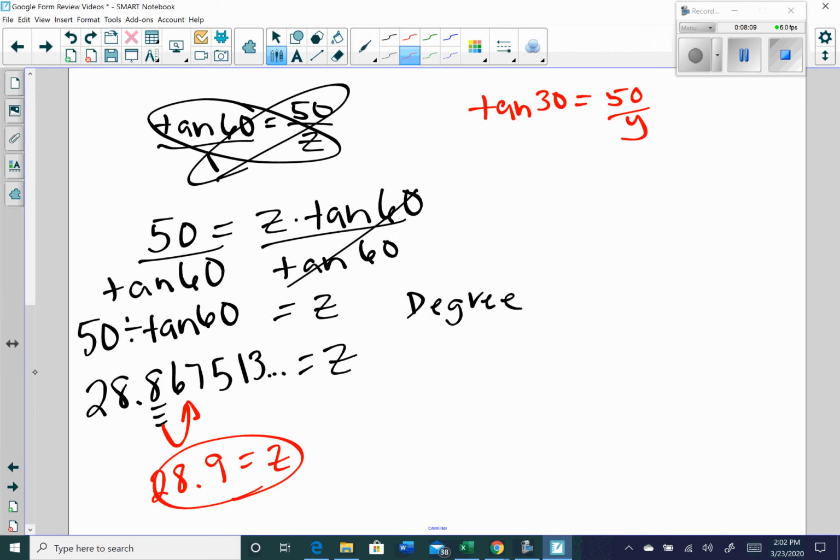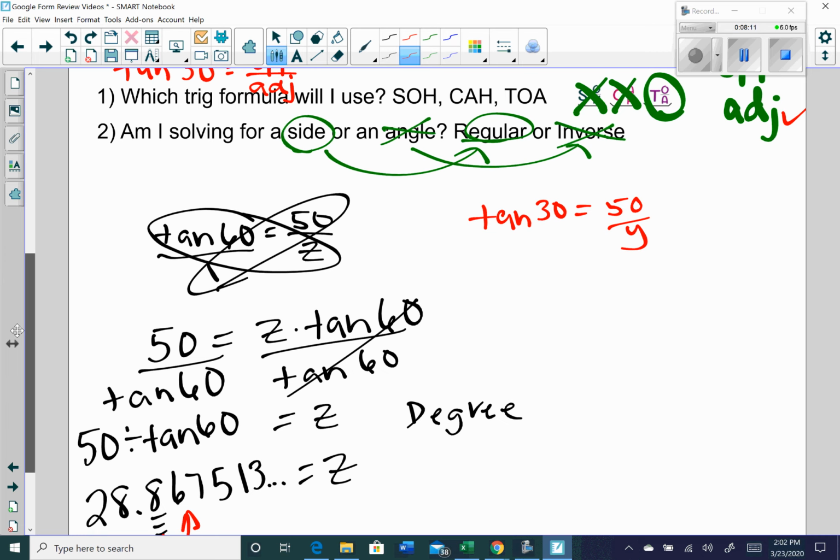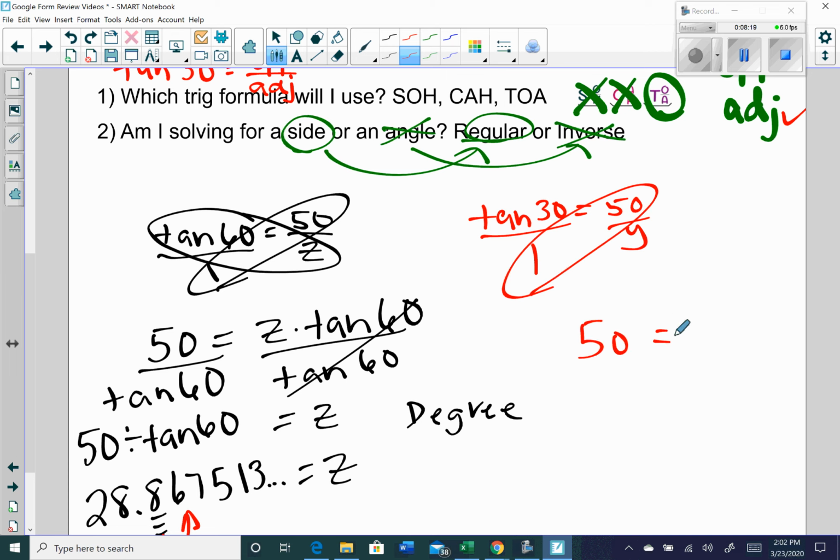Now we're going to do the same thing again because remember, we're solving for the regular side, so we're going to use proportions here, not inverses. So 1 times 50 is 50 again, but this time I'm going to do y times tan of 30. And in order to get y by itself, I need to divide by tan of 30 on both sides.